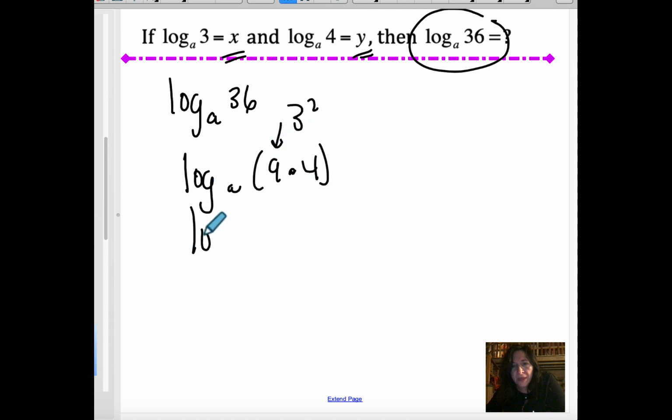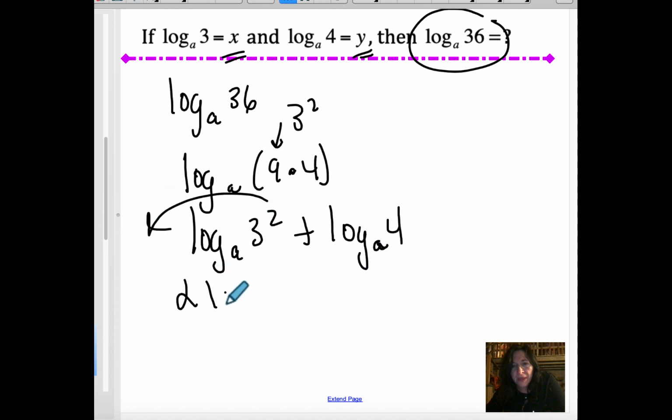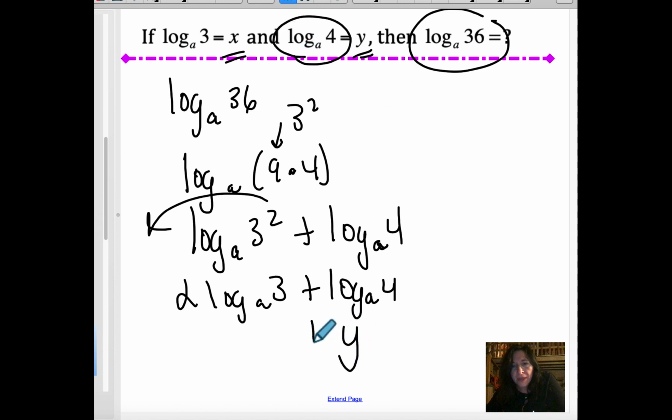So that's going to be log base a of 3 squared plus log base a of 4. 2 goes out front. Boom. So we have 2 log base a of 3 plus log base a of 4. Log base a of 4 is y, so there's y. Log base a of 3 is x, so this is 2x plus y, and that's my answer.